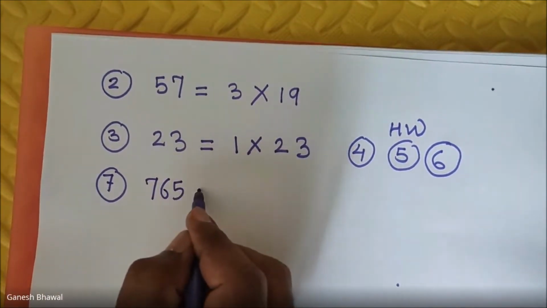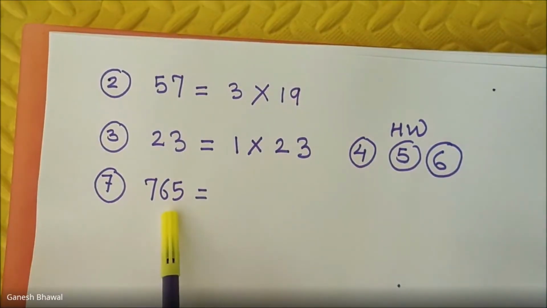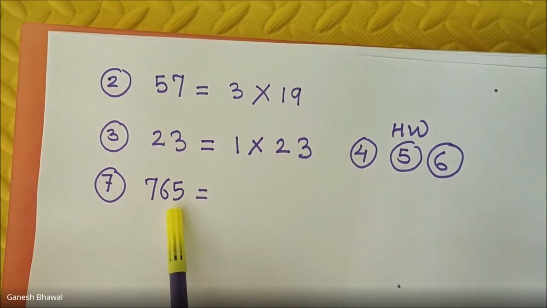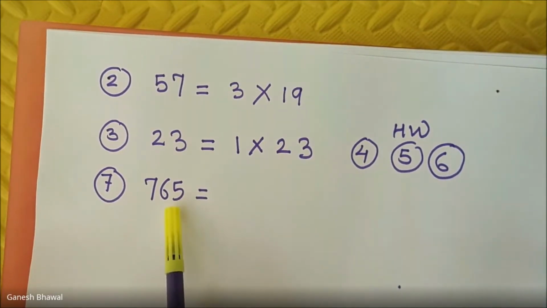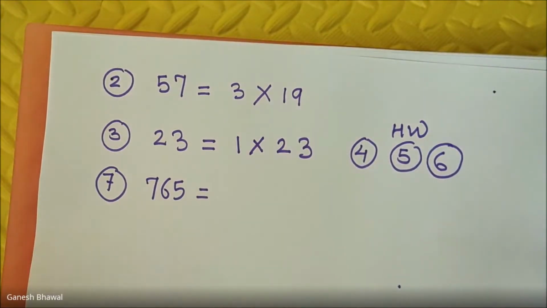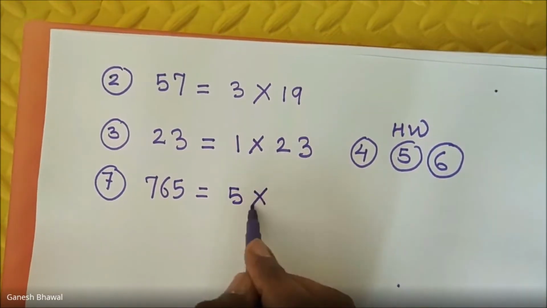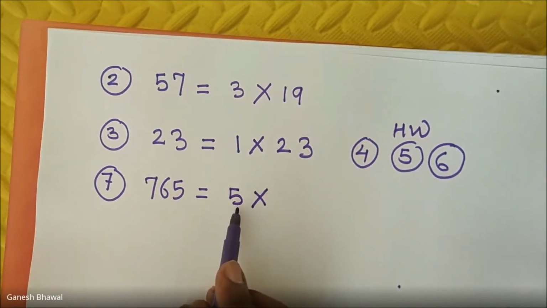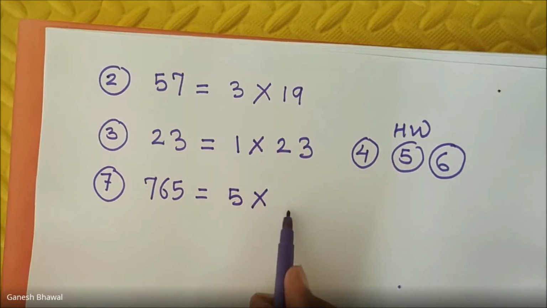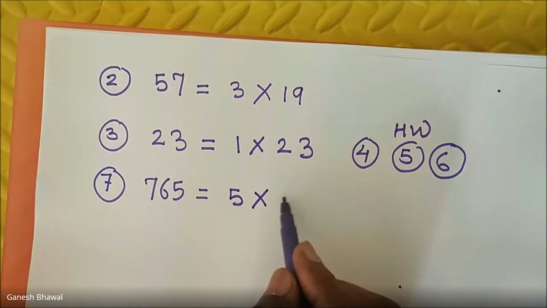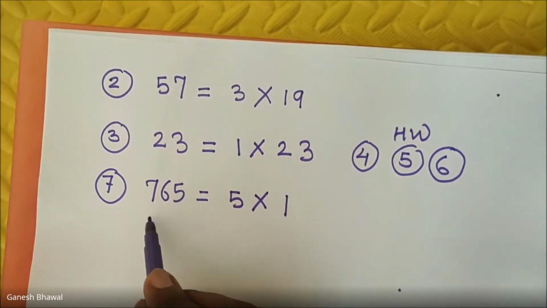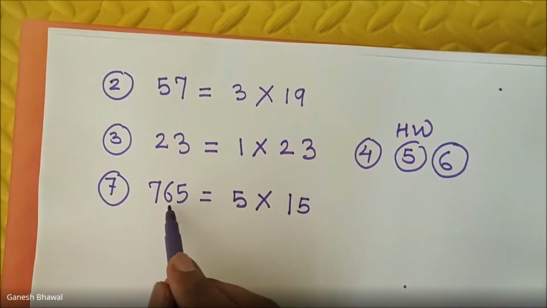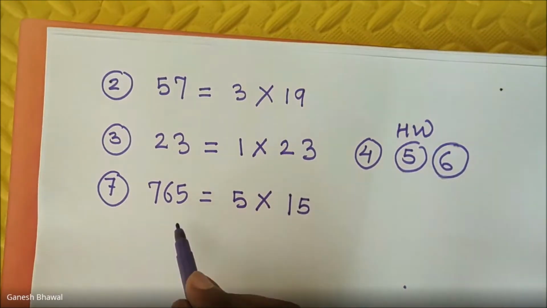765. You can take here 3 or you can also take 5. First I will take 5. 5 into. When we divide this number by 5, we get the answer here. 5 ones are 5. 26. 5 5s are 25. 26 minus 25, 1.